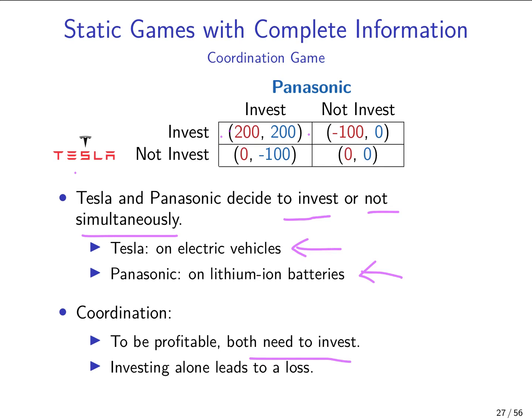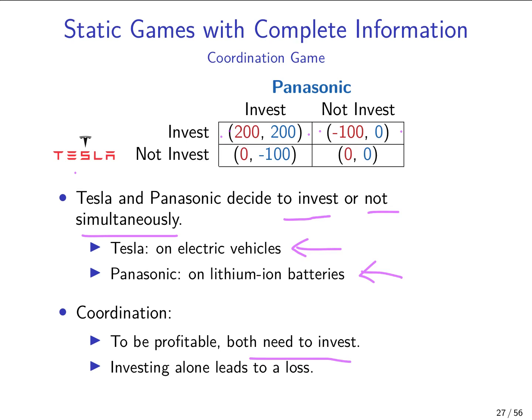If only one of them invests, let's say only Tesla invests but Panasonic doesn't, Tesla will not have enough lithium-ion batteries to fit into its electric cars, and therefore doesn't produce enough cars and wastes its investment. Right?